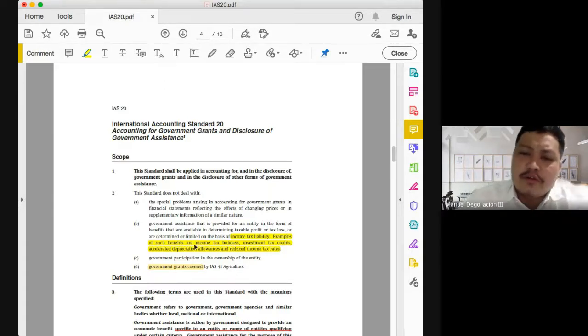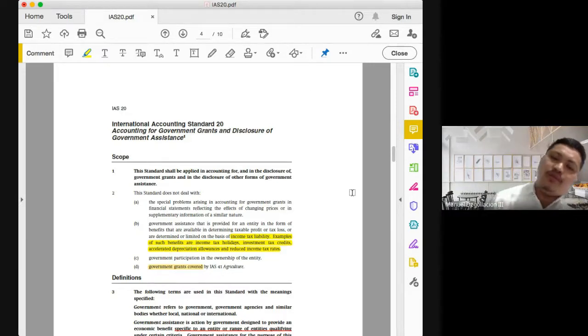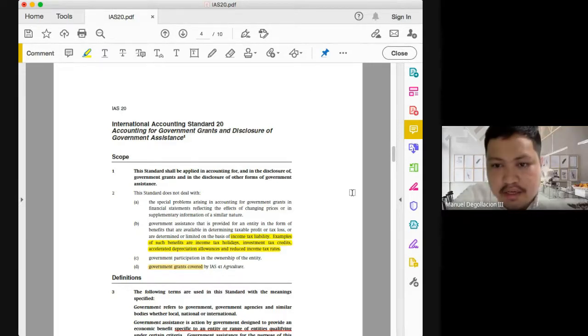Okay. So and by the way, for enumeration B, class, I just want you to take note of the examples given here, which would again be a good source for a multiple choice question. Okay. These items are also not covered by or governed by PAS 20.